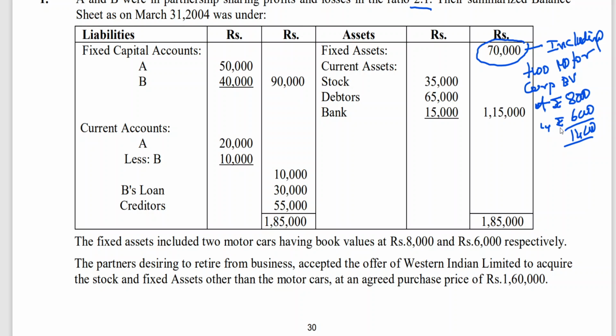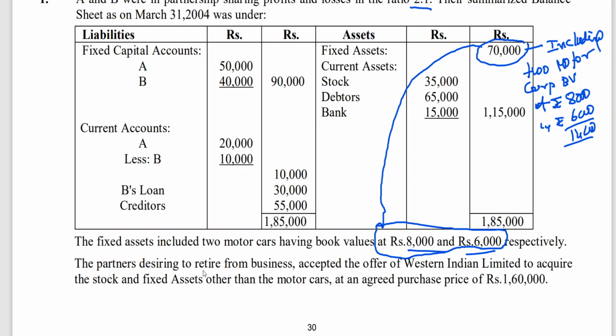That means 70 minus 14, 56,000 is other fixed assets. Simple words, just information there, no need to worry about. So this 8,000 and 6,000 is included in the 70,000 rupees.